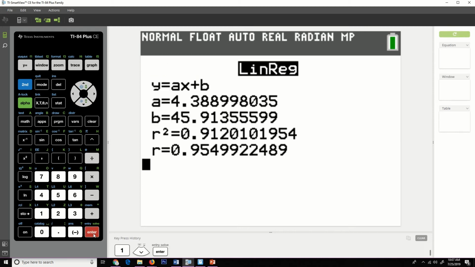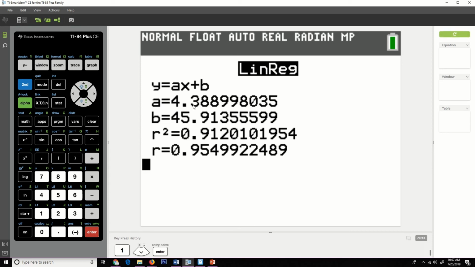So I'm going to hit calculate. Here we have all of the information, and it gives us the equation that we would use: y equals ax plus b. I know that we said it was m, but the calculator says it's a, so we're just going to use our imaginations and say that that's the slope.